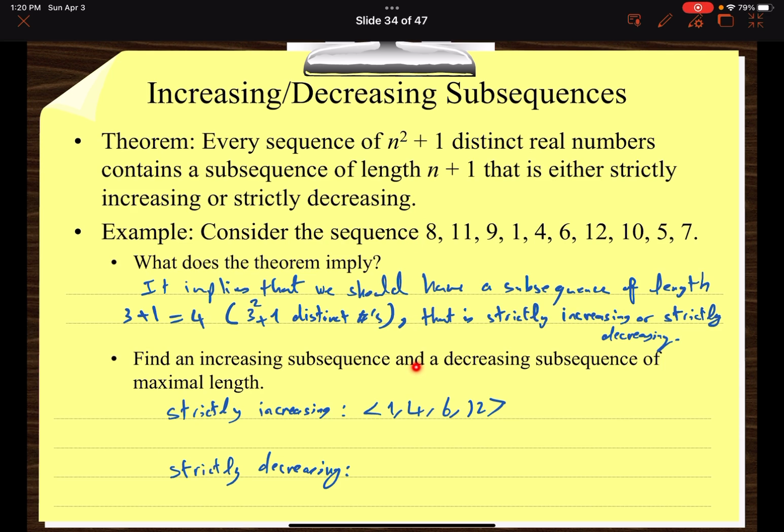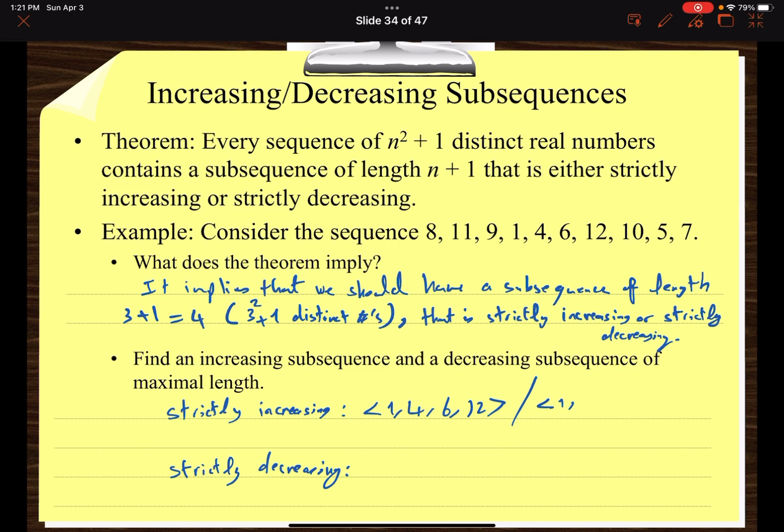Do we have more than 4? Can anybody come up with a subsequence that is strictly increasing with more than 4 elements? In the given sequence. I don't think so. Okay, can anybody give me another subsequence of length 4?